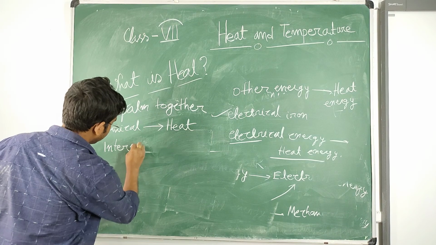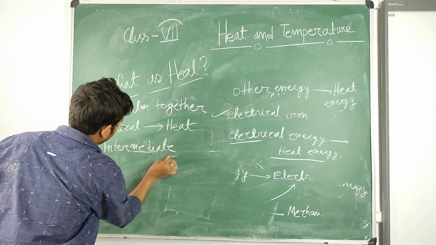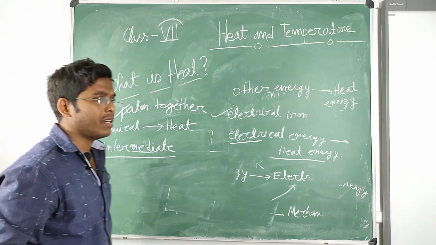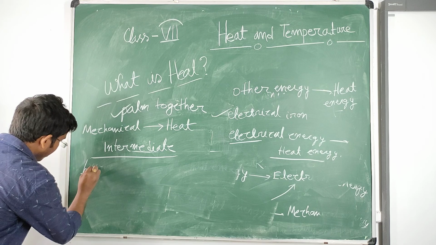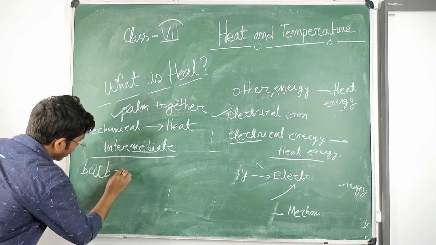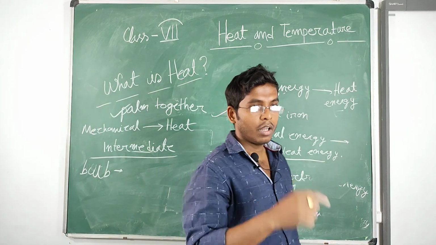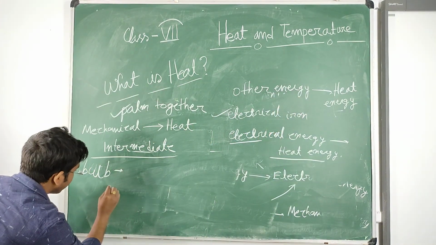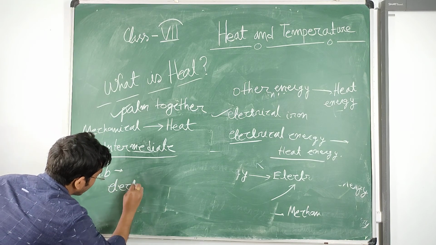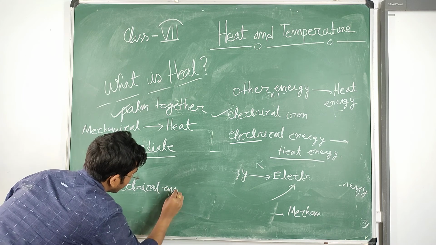Intermediate. For simplification, take a bulb. What happens? At first you switch on so that it gives the electrical energy.